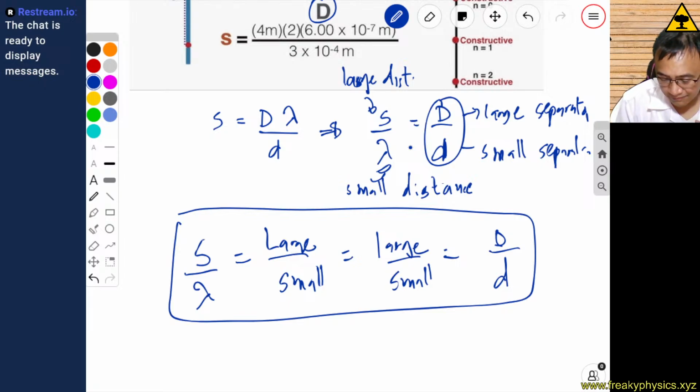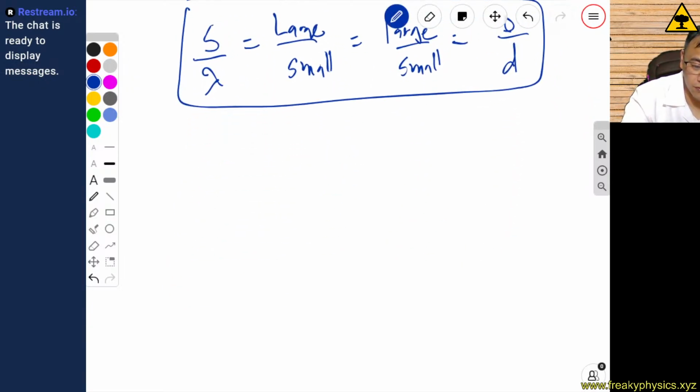Now, with this in mind, all you have to do from here on out is just put the values you have into the formula. So what do I mean by that? Let's say that this is your double slit, and in this case, I'm not going to draw this to scale.